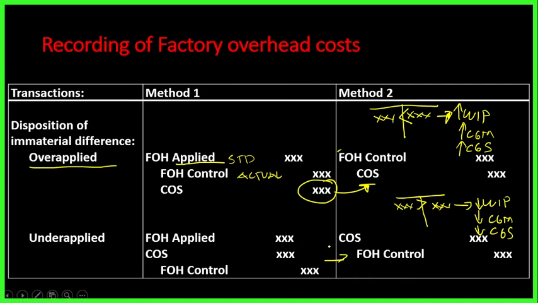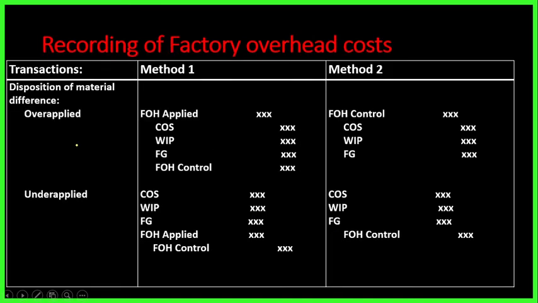Now, what if it's material? Then you should close it to your inventories. Take note, for this example, we assume that the difference is immaterial. If it is material, you are now going to allocate that to your inventories. So instead of just using cost of sales, you're going to allocate that to work in process and finished goods. Why?